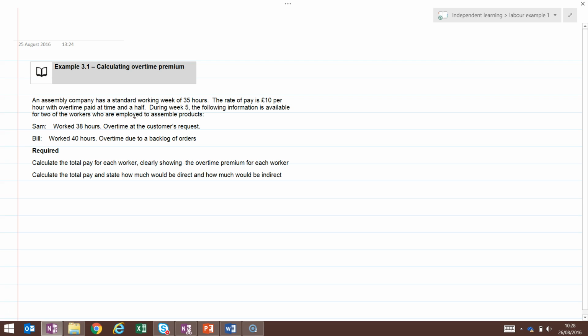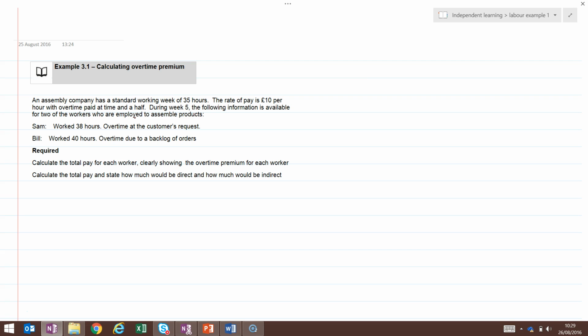So the premium is the extra £5 per hour that is being paid. Now that's a really important point. Students regularly mix up overtime and overtime premium. So you need to be sure that you are calculating the premium. You are calculating the extra amount that you pay.